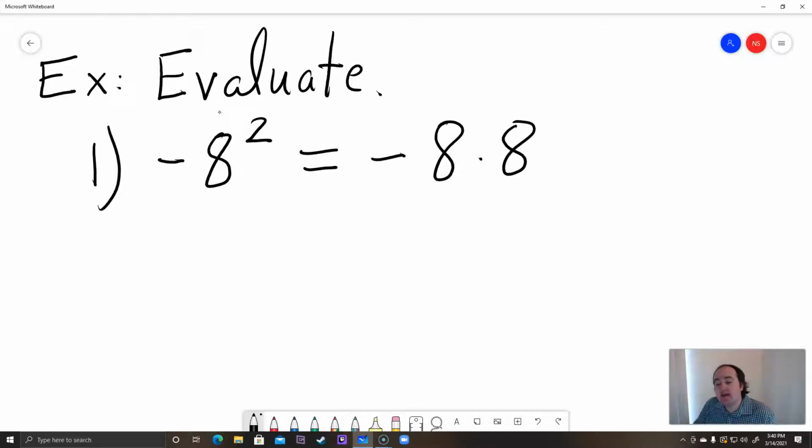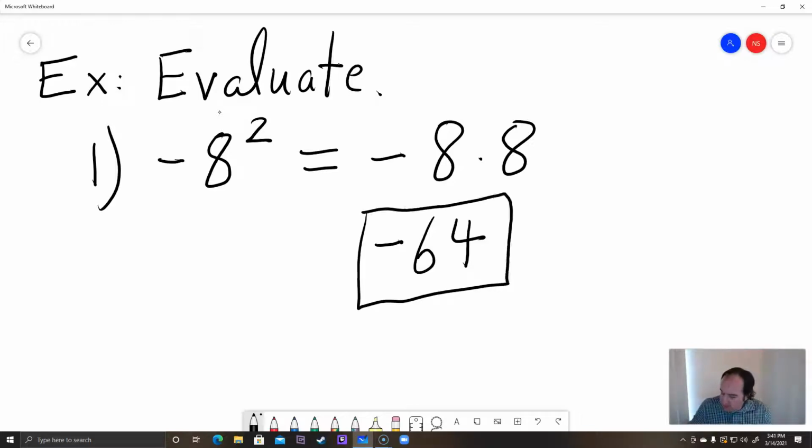So it means negative 8 times 8. So there's not going to be a second minus to cancel out with. And 8 times 8 is 64. So we actually get negative 64. And that's our answer. Okay? Negative 64 is our answer.